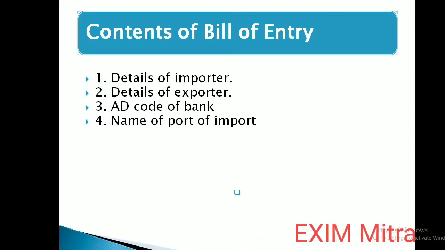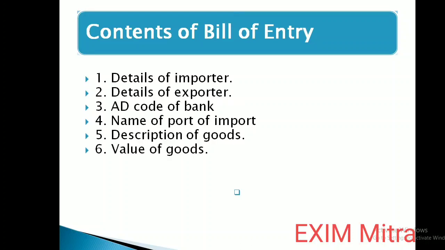Next detail is the name of the port of import. It has the description of goods. It has the value of goods. Value of goods we can take from the invoice. Description we can take from the invoice. Then the classification of goods. This part has to be done by the importer or his authorized custom house agent. The classification of goods decides the duty rates on the goods, means how much duty will be attracted.